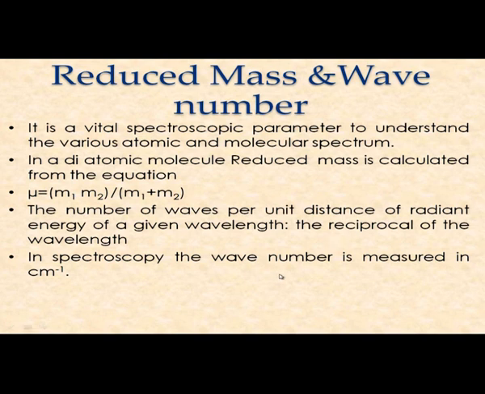In spectroscopy, the wave number is measured in per centimeter. That means for a vibration 300 centimeter inverse is the wave number, means what it actually says is in that vibration 300 waves are there per centimeter. That is the understanding of wave number. So, reduced mass and wave number.